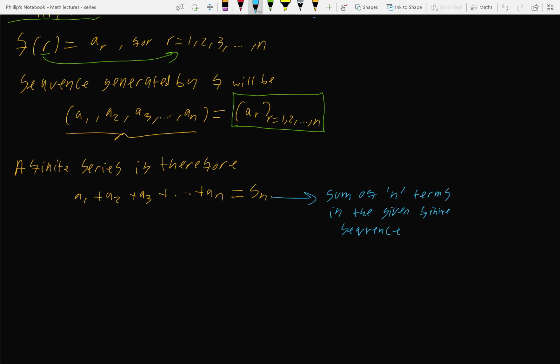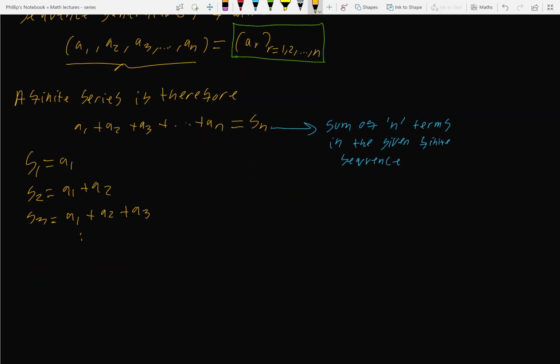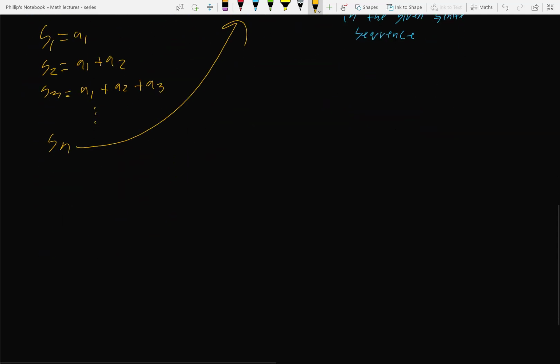So S1 would just equal A1, S2 would equal A1 plus A2, S3 would equal A1 plus A2 plus A3, and so forth to Sn, which is just that. I've already done it, I'm not going to do it again.